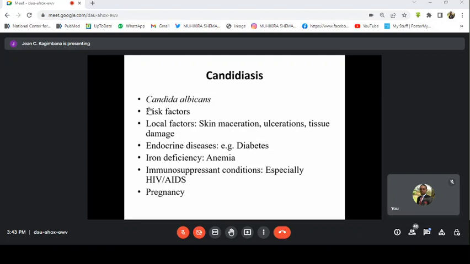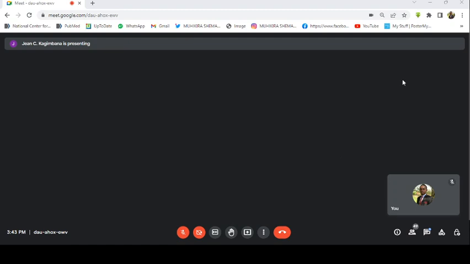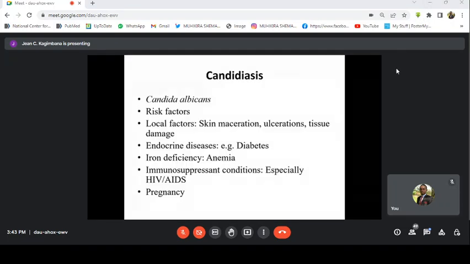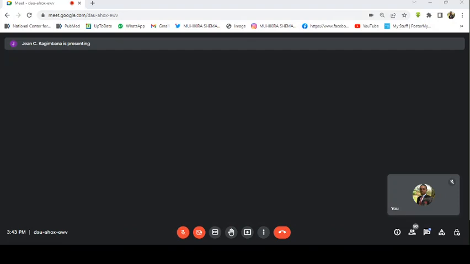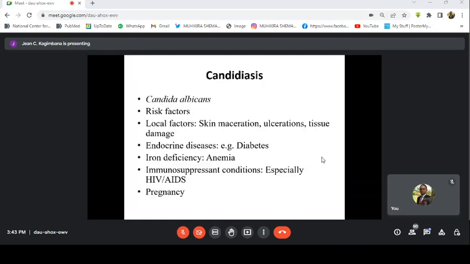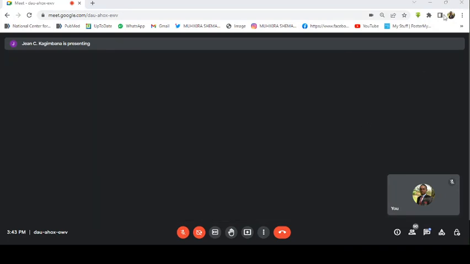Somehow, because there are those skin conditions that occur when there is a pregnancy, okay? Because there is a slight decrease of immunity. That's why some people may have problems, candidiasis, especially genital candidiasis, okay?